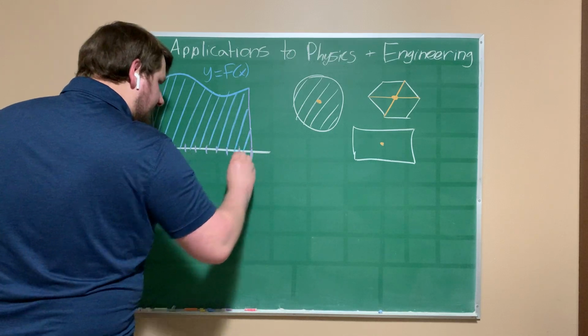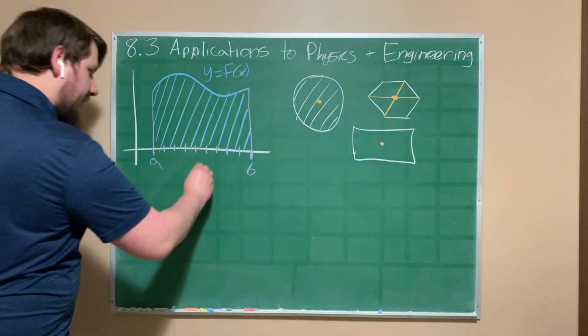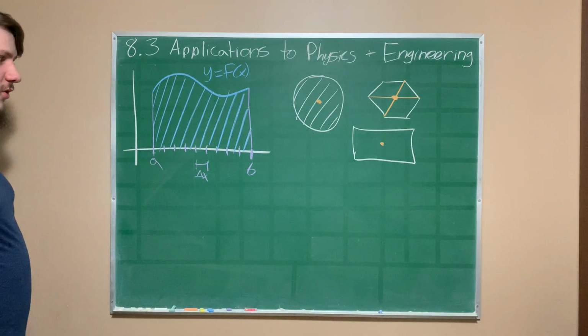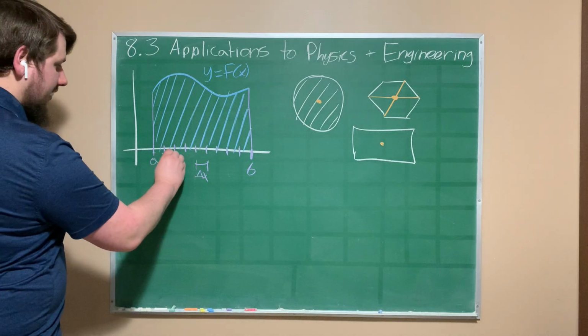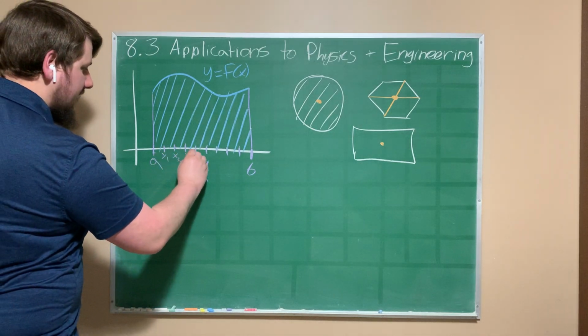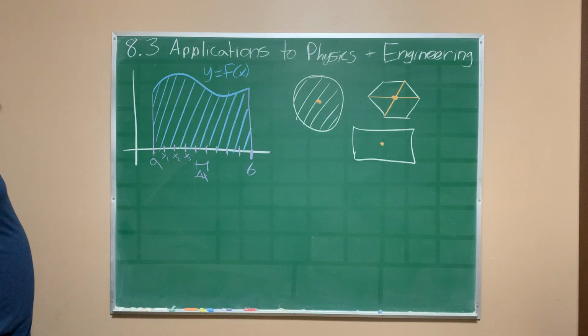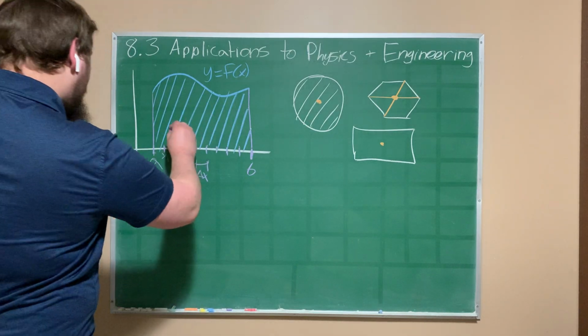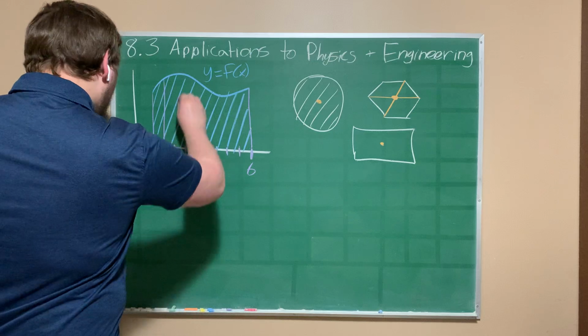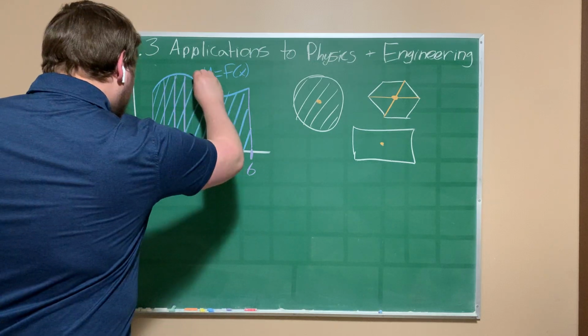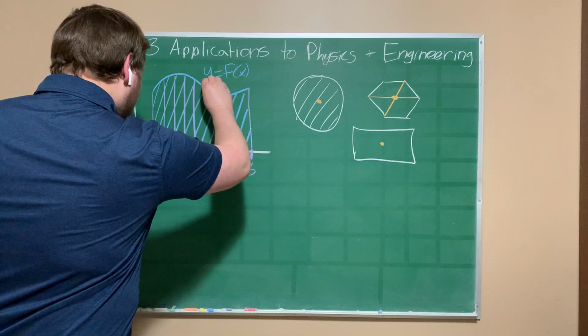Let's say that there are n equal size subintervals here with a width of delta x. For each one of them, there's n total. So we have x1, x2, x3, all the way up to xn on the end here. And we're going to split this region up into a bunch of vertical strips, and then we are going to approximate each of these strips with a rectangle.